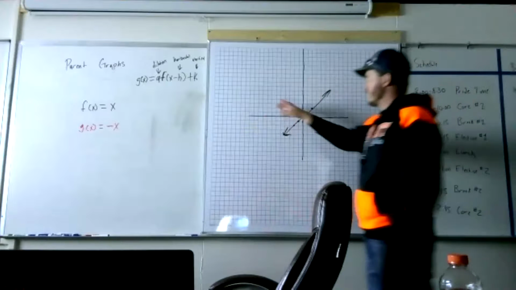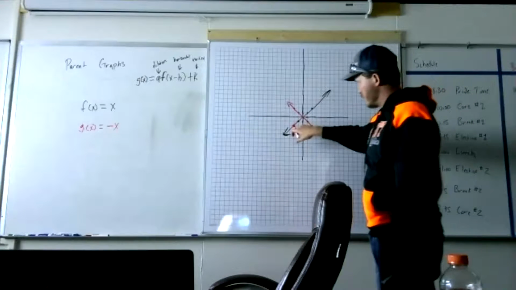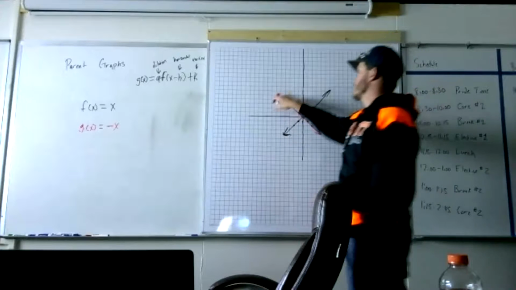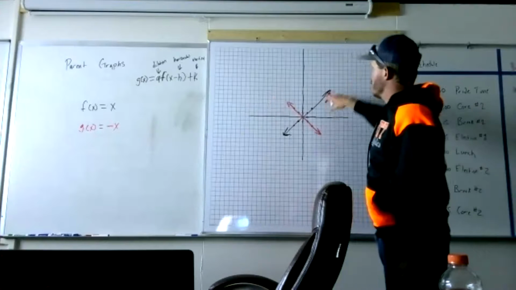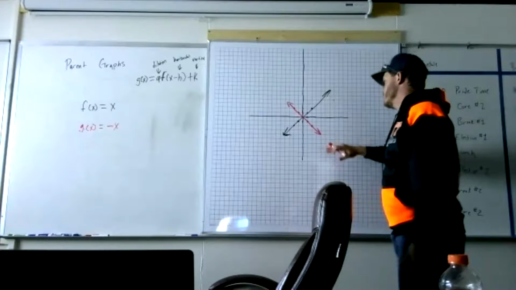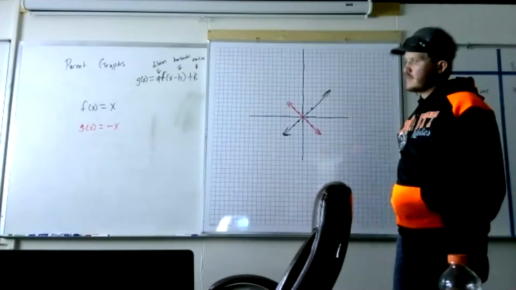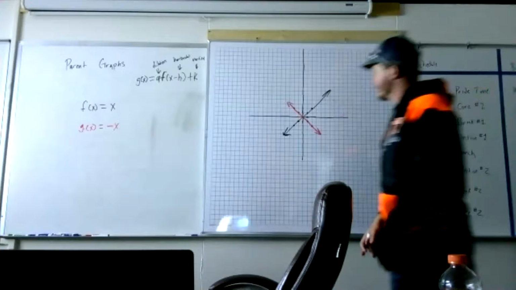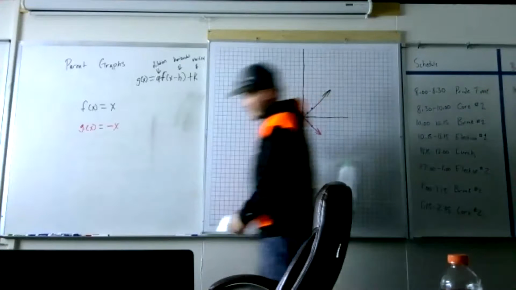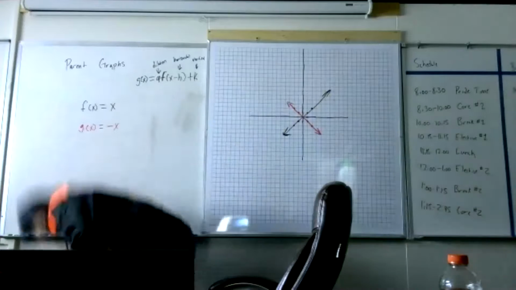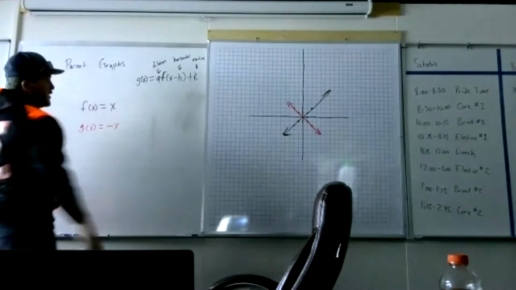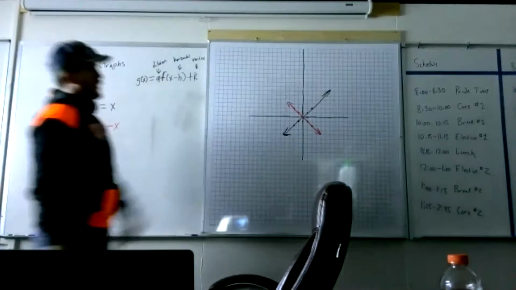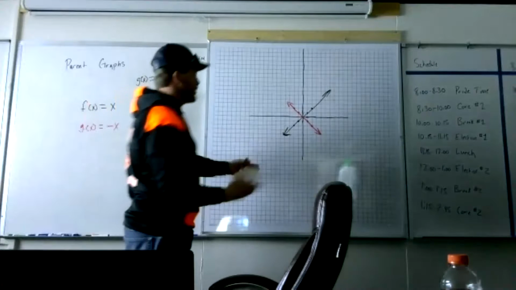In red you have g of x is equal to a negative x. So what was in quadrant 3 is now in quadrant 2, and what was in quadrant 1 is now in quadrant 4. So that's what that negative does. It flips it over the x-axis, where your x-axis is the line of reflection. And so it's kind of like looking at symmetry.